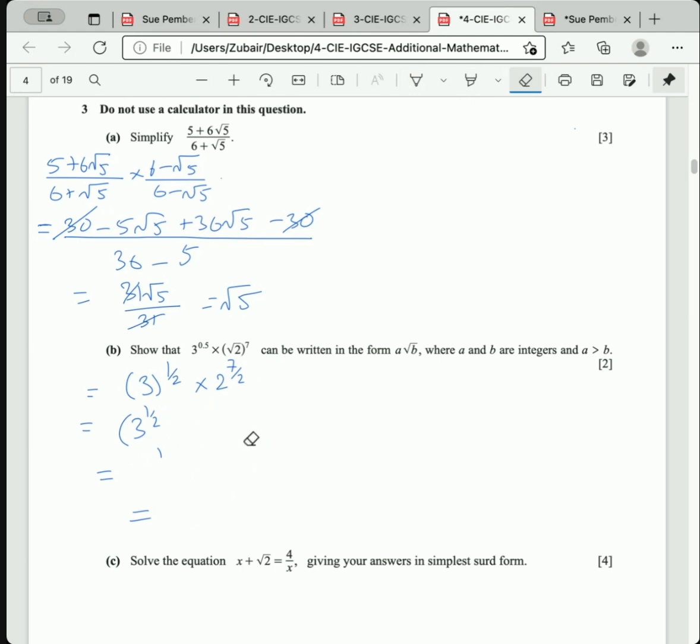That is a number, a root 2. That was 3 raised to power 1 by 2 into 2 raised to power 7 by 2.